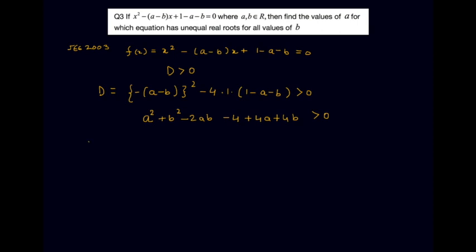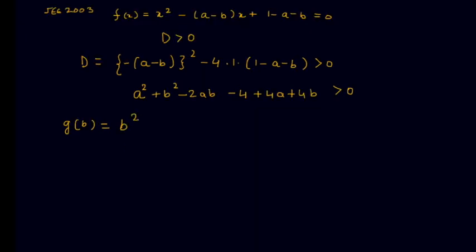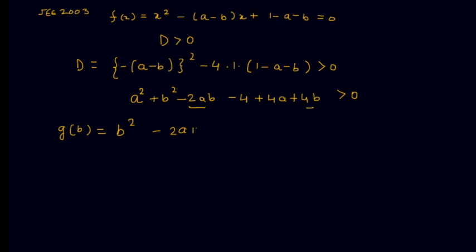Now this itself is a quadratic equation in terms of b. So b square and the coefficient of b's, clubbing them together, minus 2a plus 4, and the constant terms will be a square plus 4a minus 4, and this is greater than 0 for all values of b.